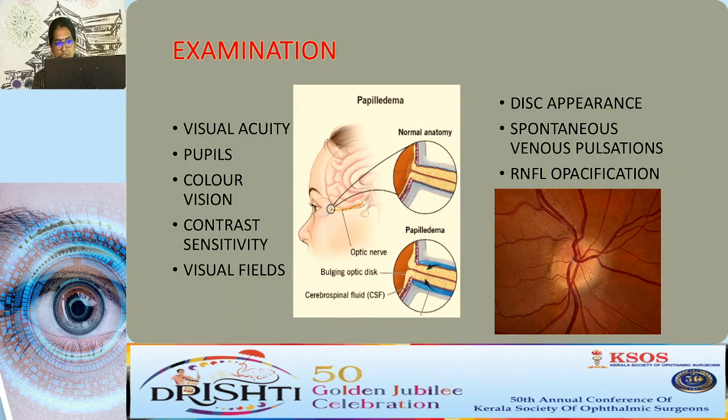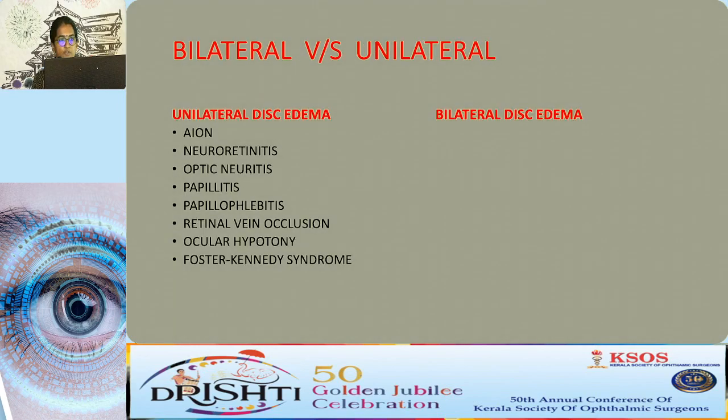Contrast sensitivity is also affected. Visual fields, we have had an exhaustive discussion on that. And the basic thing would be the disc appearance, which would help us to discern some causes, like optic neuritis or AION. Spontaneous venous pulsations we have already talked about, and RNFL opacification also may be seen.